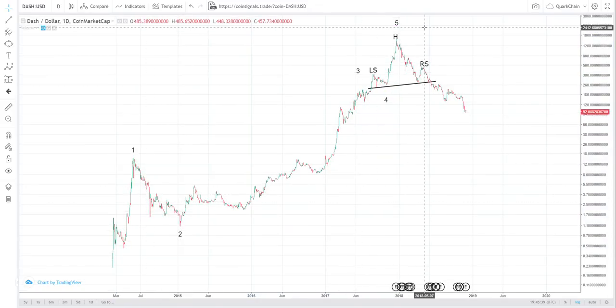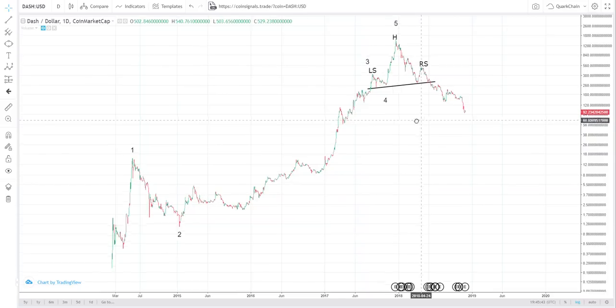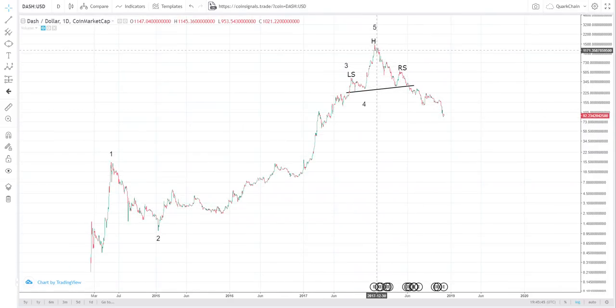So if 5 waves were complete, the correction has to carry out usually in the form of a 3-wave swing called an ABC, either a zigzag or an expanded. It can also do a combination of WXY or WXYXZ.